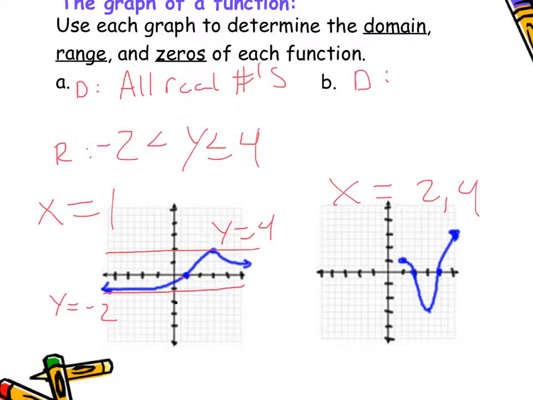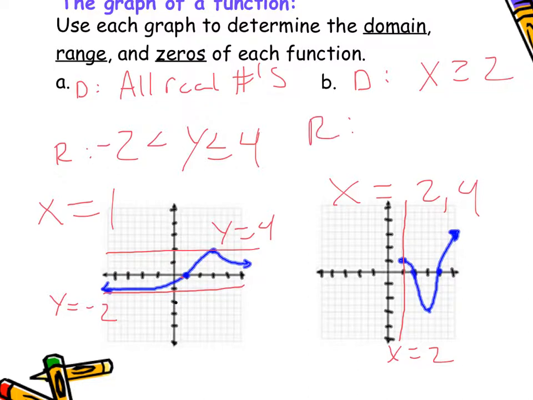Same thing here with the domain, but now I'm looking vertically. And it looks like right here there's this vertical line at x equals 2, and the graph is never to the left of that line. All of that graph is to the right. So I would say there for my domain, x has got to be greater than or equal to 2.